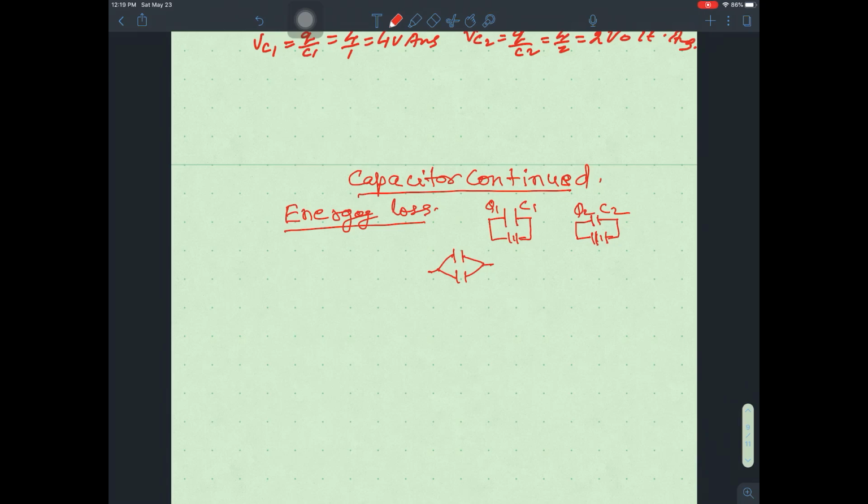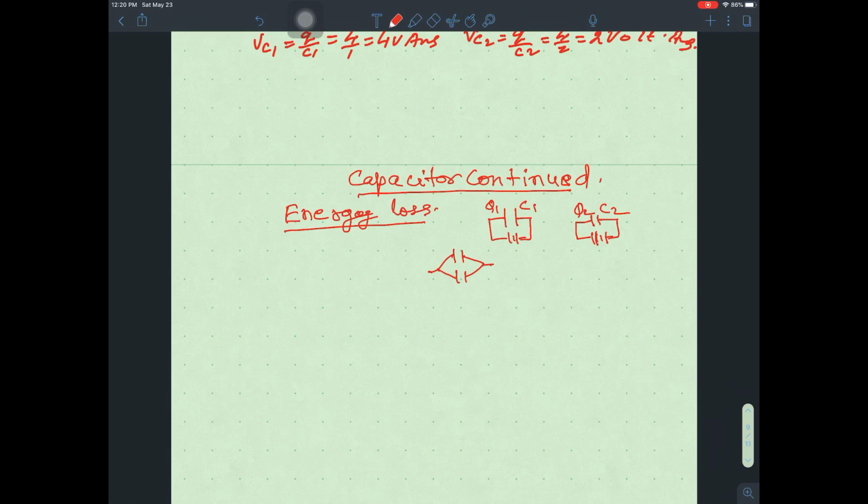So there is a sharing of charge that we are going to discuss, and in this process of sharing of charge some energy is lost, basically in the form of heat, light and sound, like a spark sound and so on. So after the last discussion, we want to discuss this energy concept and loss in energy.